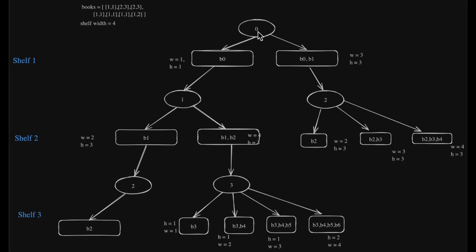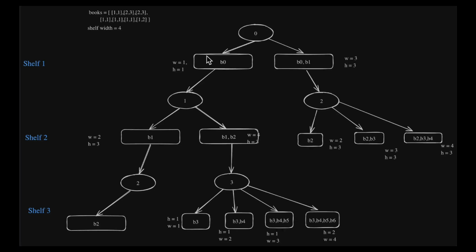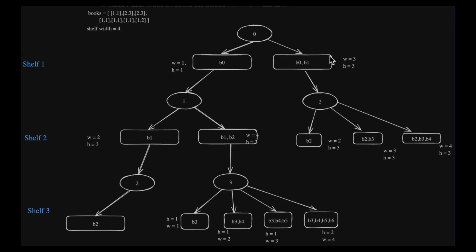And now let's take example 1 to understand it better. In first shelf, we can either keep book B0 only. In that case, height of the shelf will be 1 and width used will be 1. Or we can keep both book B0 and B1. Then height of the shelf will be 3 and width used will be 2. We can't keep 3 books together, that is B0, B1, B2, because otherwise we will violate the shelf width. So those are the only 2 cases.